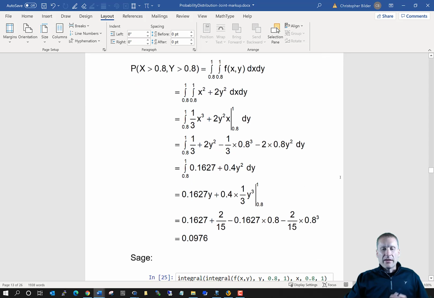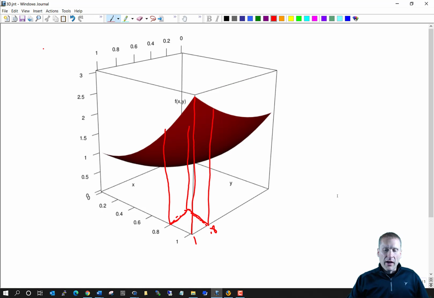So how would I find that probability? Well, now we have to work with f of x, y directly. And we want to find the integral from 0.8 to 1 for x, and the integral from 0.8 to 1 for y. If we go through all the calculus there, we get 0.0976. And so let's go back to our plot here.